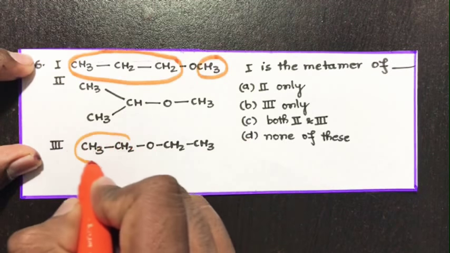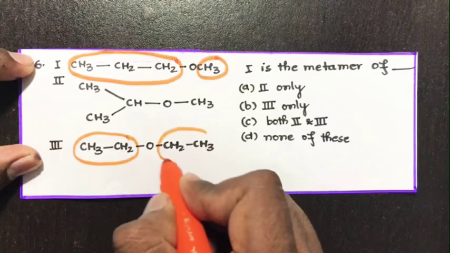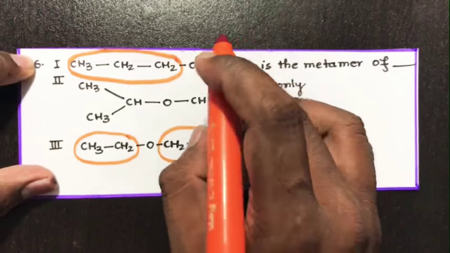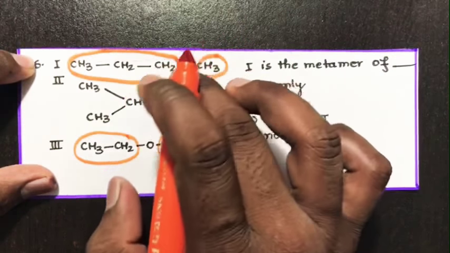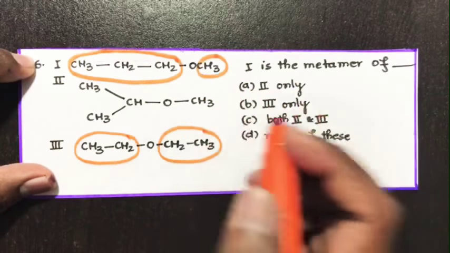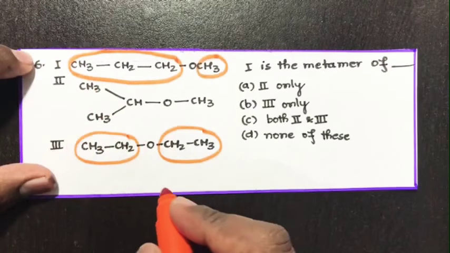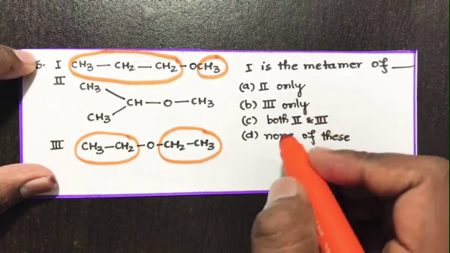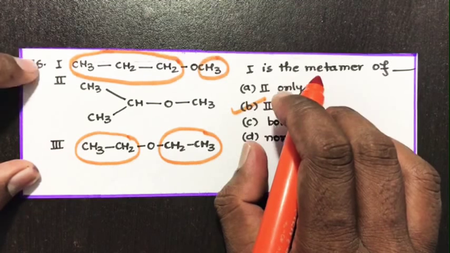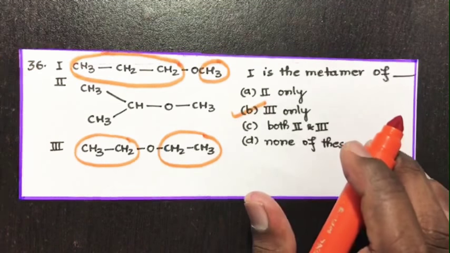But here in this case both of them have different alkyl groups present. So in this case we can see that they can be metamers of each other. So 1 and 3, so 1 is the metamer of 3 only. This is the correct answer in this case.